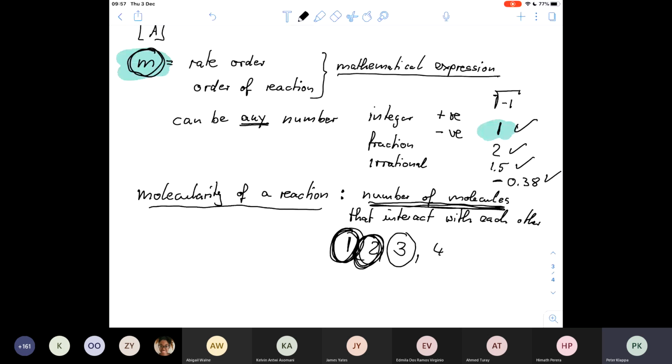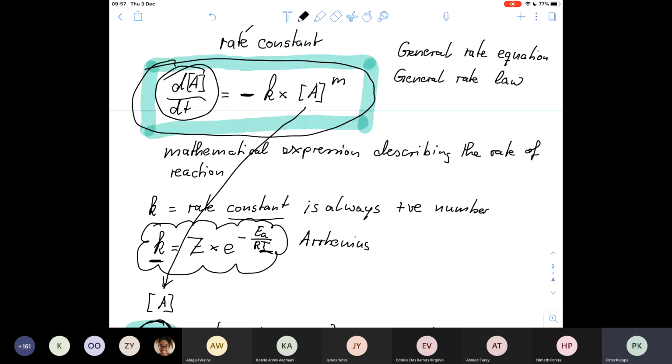So we have our rate law, rate expression, where we've got the rate of a reaction. And when we have a consumption, we have a negative sign here. We've got a rate constant. We have the concentration of what we are looking at. And we have a rate order. And this rate order can be basically any number.